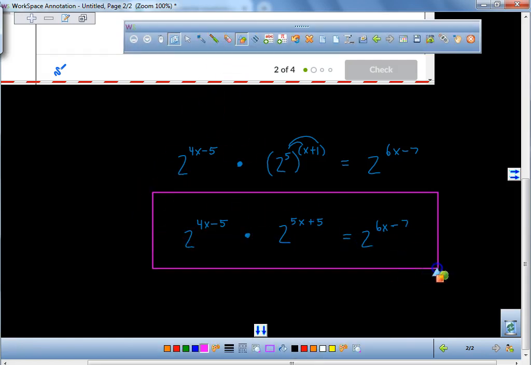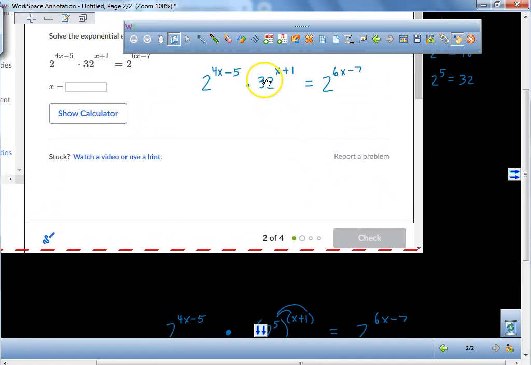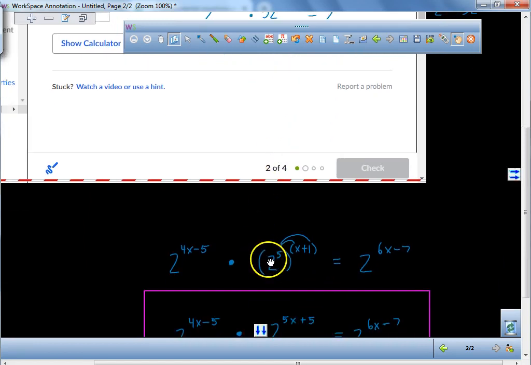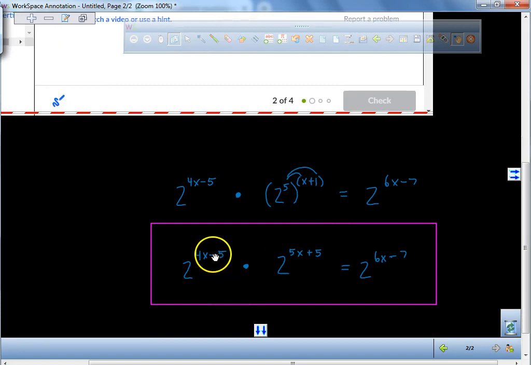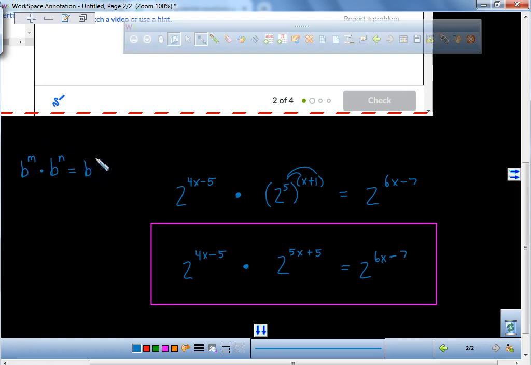What we've done, all we've done is converted what? We've converted the 32, which we had right here, and what did we convert it to? 2 to the power of 5. Now, what do you guys remember about what's called the product property, where you have b to the power of m times b to the power of n? Anybody remember what we can do with those exponents?